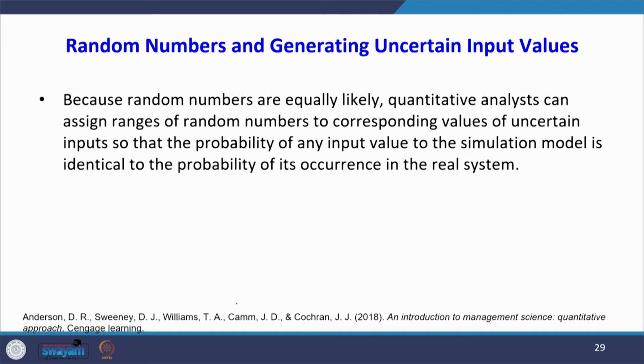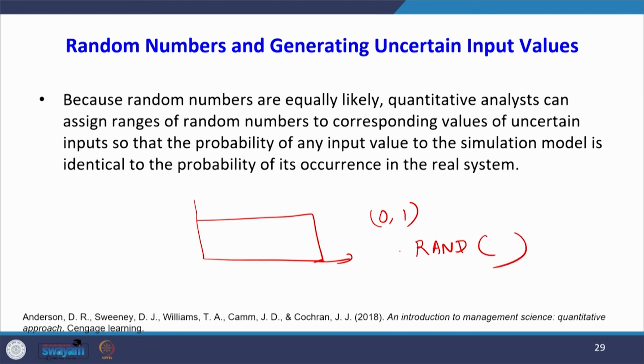In the whole simulation, we are going to use the concept of random numbers. Many software packages provide random numbers, and these are called pseudo random numbers. The random numbers follow a uniform distribution, between 0 and 1. For example, in Excel there is a function called RAND. Here you will get random numbers between 0 and 1, but there is another function, RANDBETWEEN.